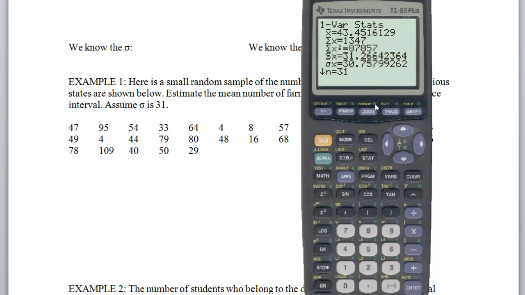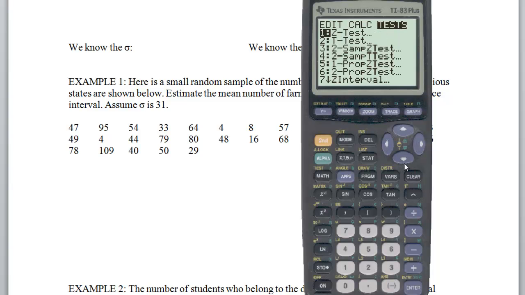So you'll notice, well, isn't there a way that the calculator could do more for us? Well, yeah, there is. Let's go to the stat here for a moment, and let's move over to the tests. Right at the bottom, number 7, is the z interval. Now, that's super awesome.